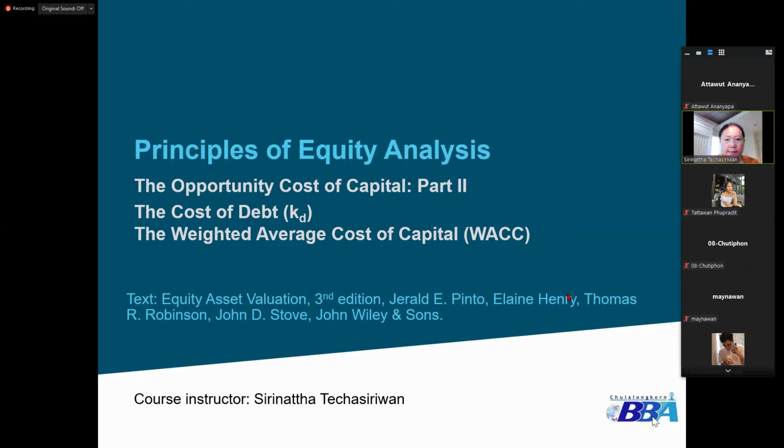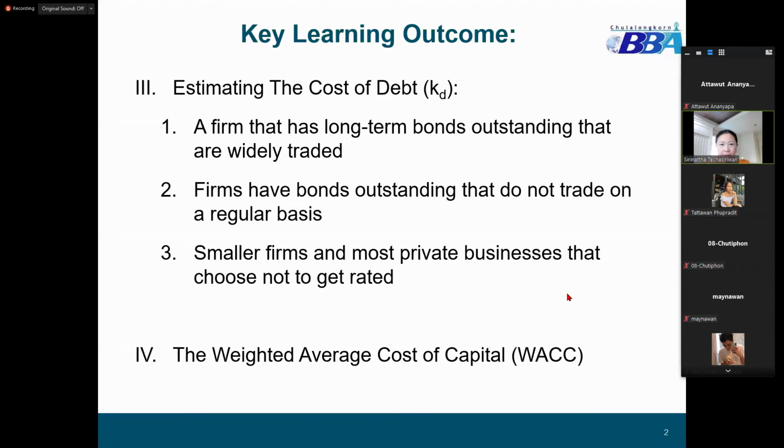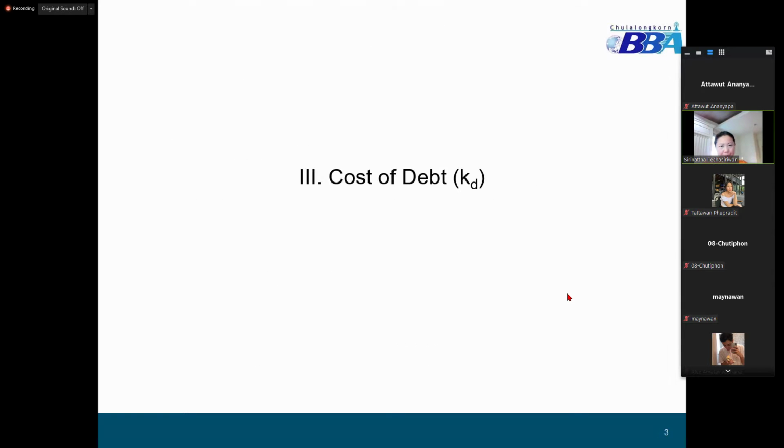All right. So we are going to learn the estimation of the cost of debt with different approaches based on different circumstances, and the estimation of the WACC, the weighted average cost of capital.